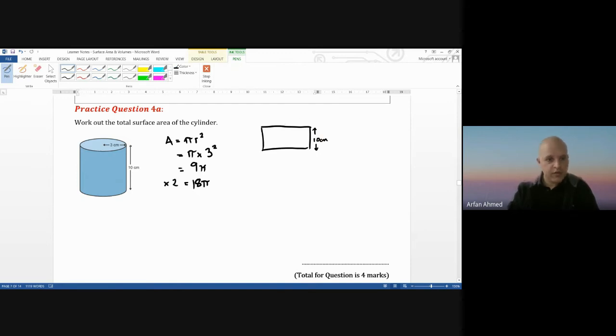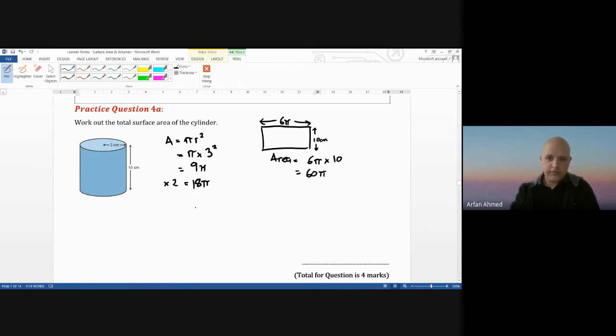This bit here is the circumference of the circle, so it's going to be pi d, but the diameter is 6, so it's going to be 6 pi, from there to there. So the area of that is going to be 6 pi times 10. That's going to be 60 pi.